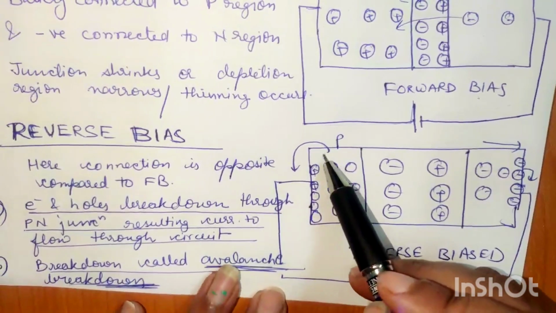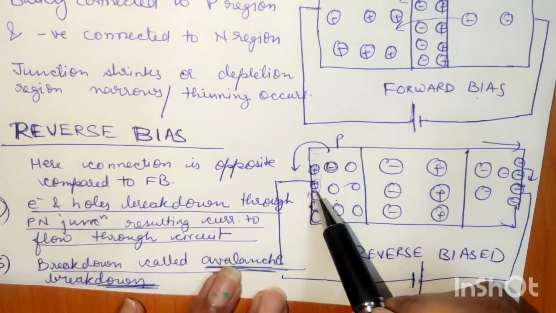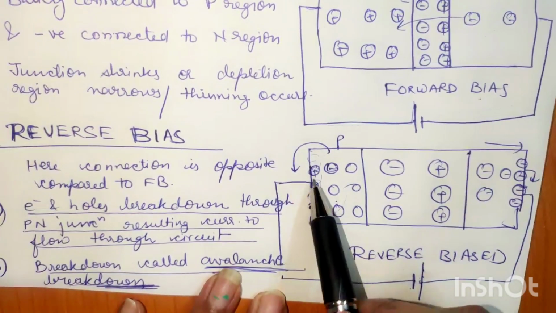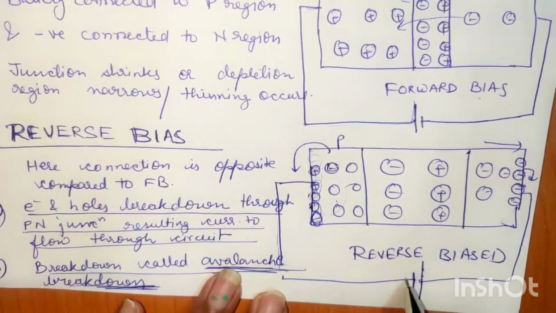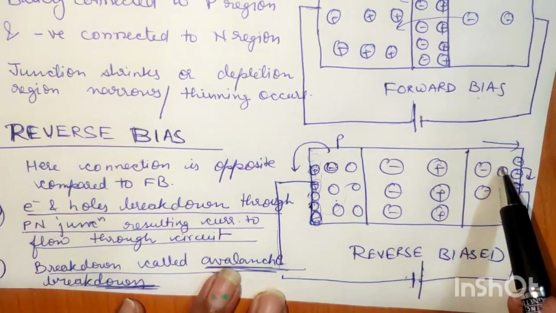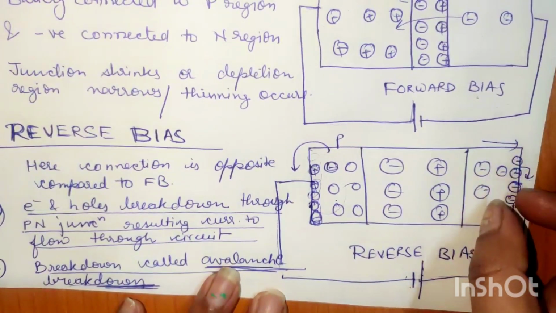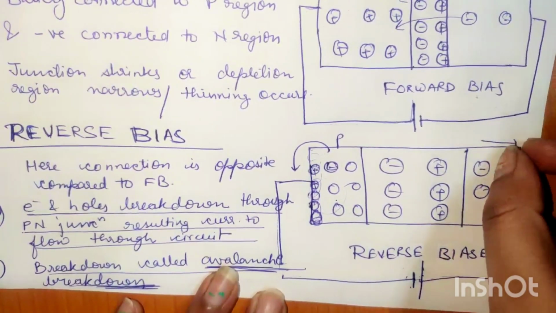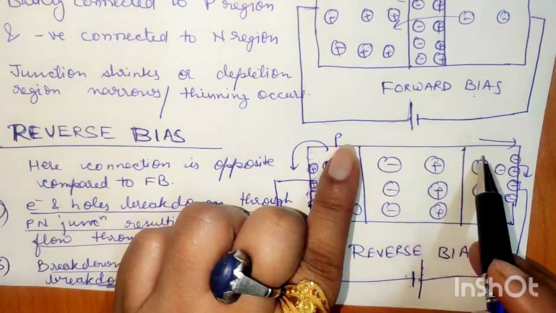So due to this, all the holes will start accumulating at the corner of this P region. और ये सारे holes चाहेंगे कि we should move towards the negative terminal of the battery, while these electrons will try to move towards the positive terminal of the battery, and the accumulation of electrons will start acting at this region. इससे होगा क्या, our depletion width will be increased.